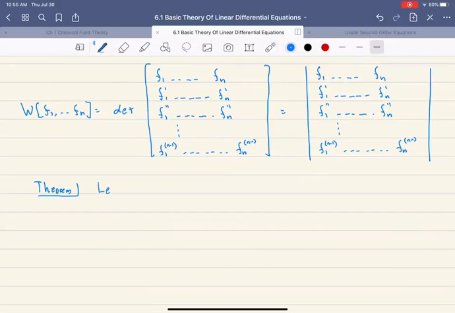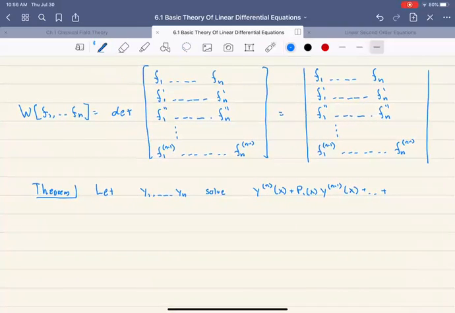Let y1 through y sub n all solve y sub n of x, sorry, that should have been y sub n of x, so we're bringing it back to our differential equation, plus p1 of x y sub n minus 1 of x, plus all the way up to p sub n of x y of x.